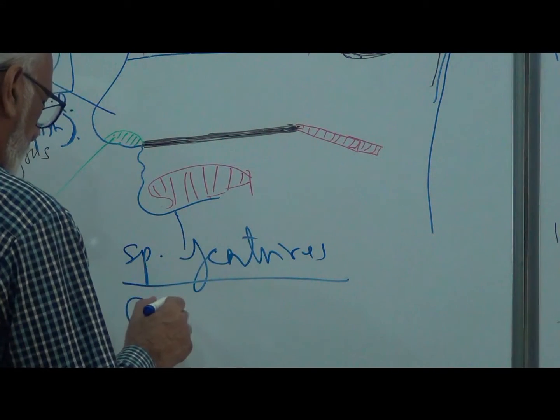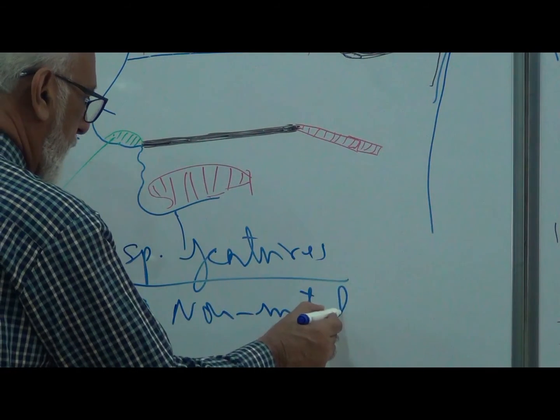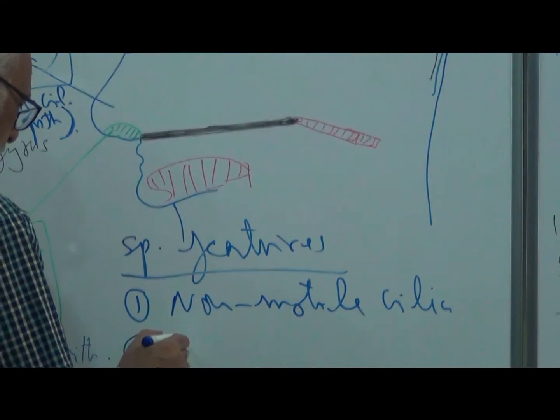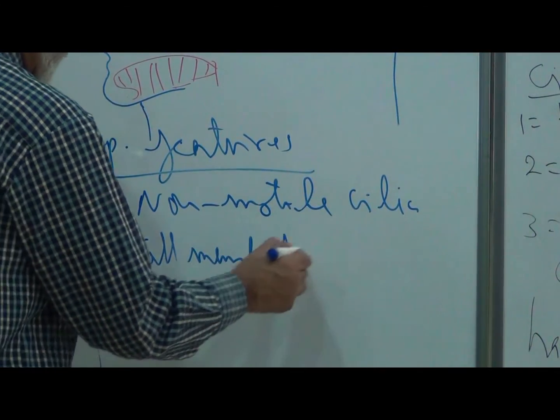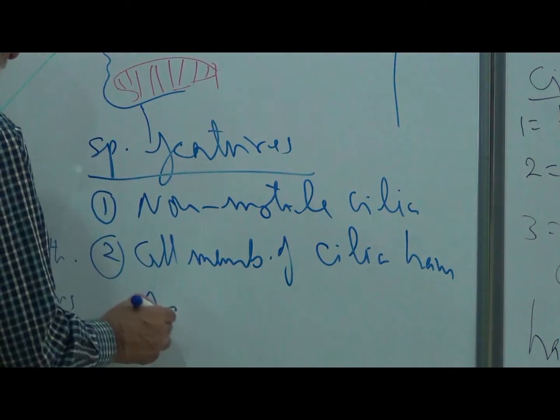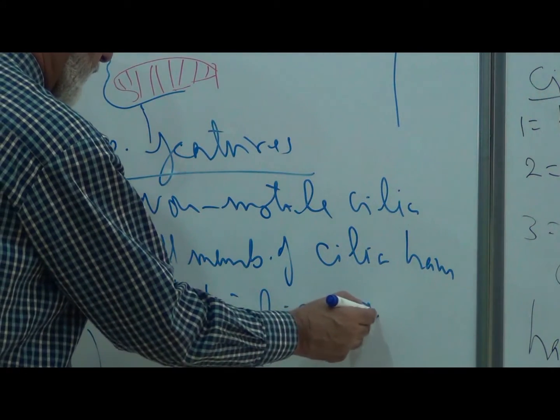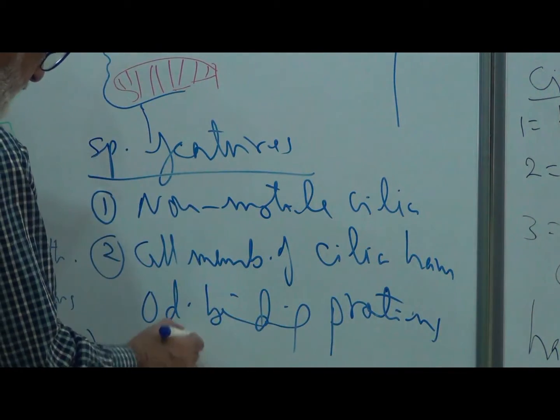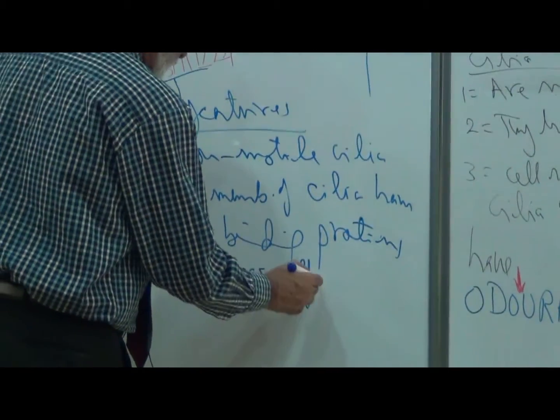Number one, they have non-motile cilia, and the cell membrane of cilia has odorant binding proteins. Therefore, they act as olfactory receptors.